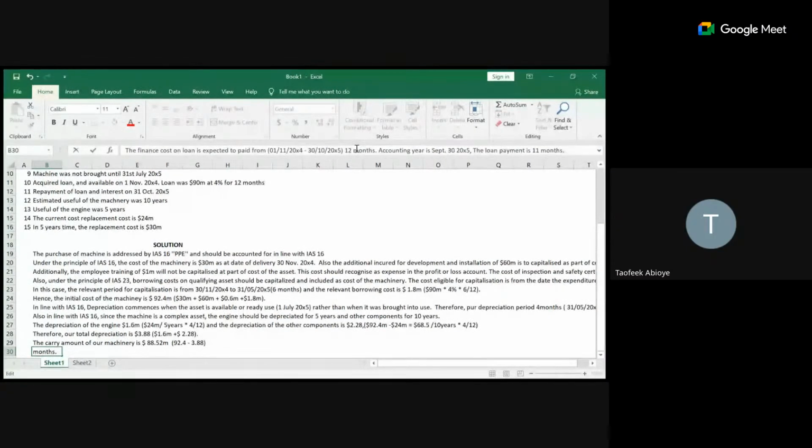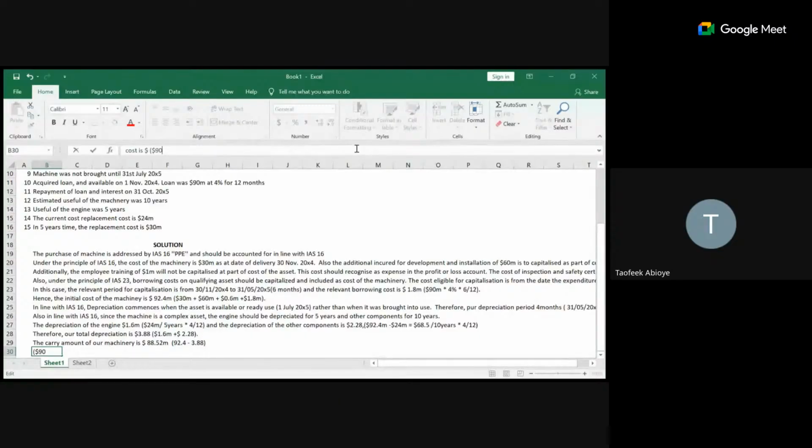So when we calculate our finance cost now, how much do we collect? 90 million.